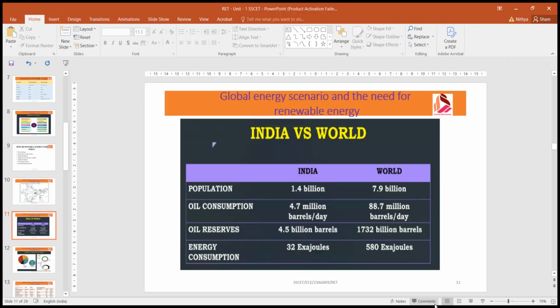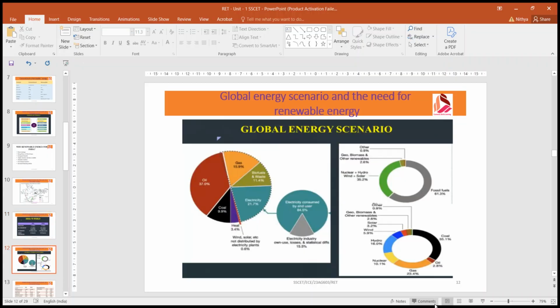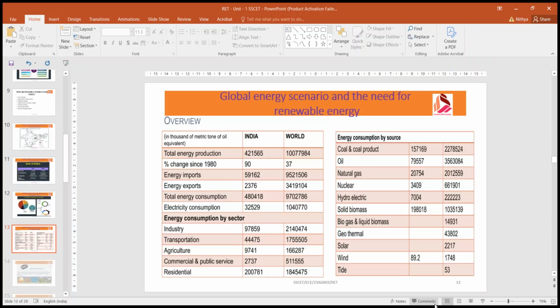Energy consumption in India is 32 exajoules, and worldwide 580 exajoules of energy are utilized. So this is a different scenario of both renewable and non-renewable sources, where energy has to be created and incorporated.